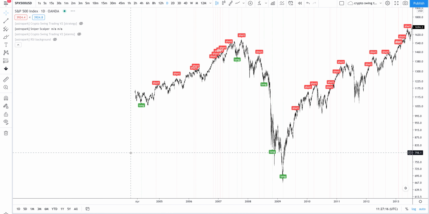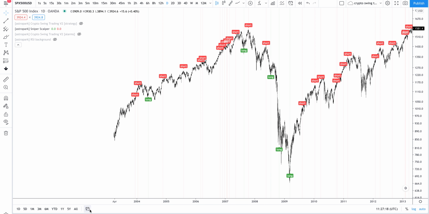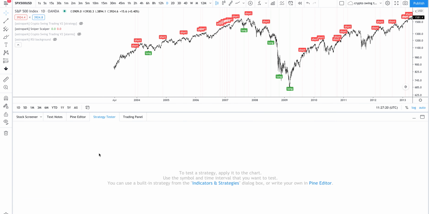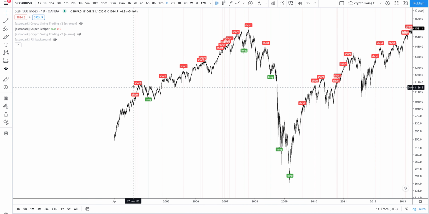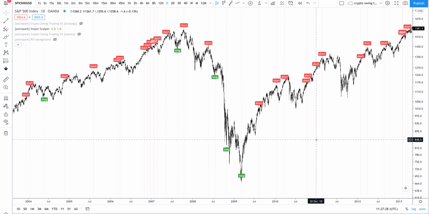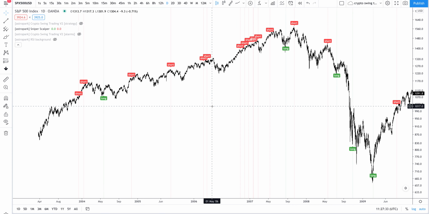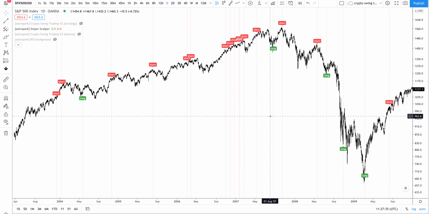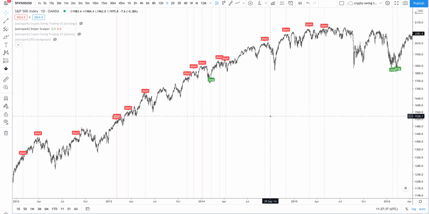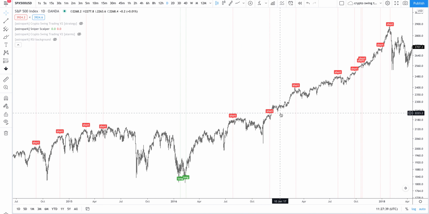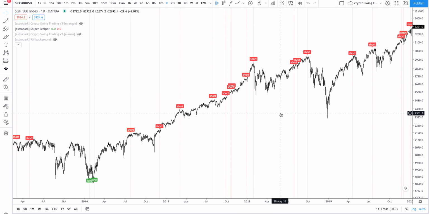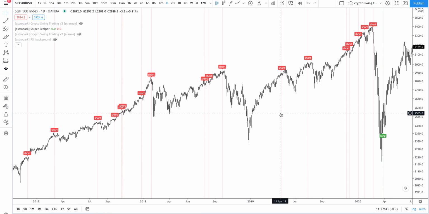So it suggests some scalps. It doesn't suggest any strategy, so it's not a strategy. It doesn't suggest to sell or buy and automatically run it over a bot. But as you can see, let's check especially the latest years.